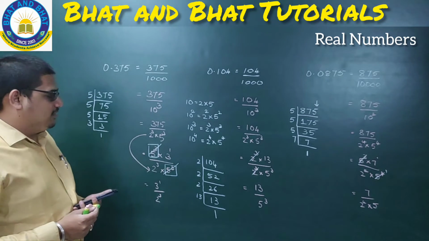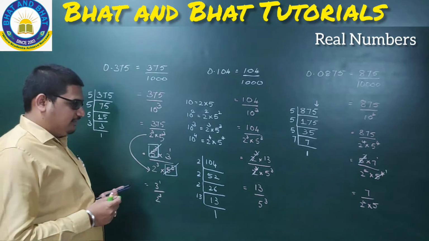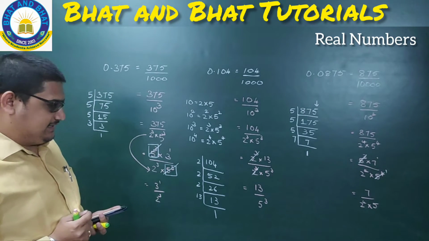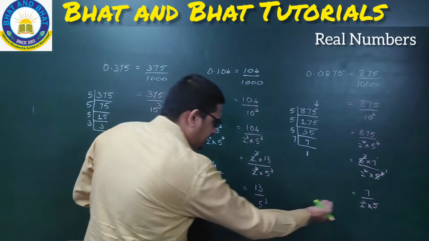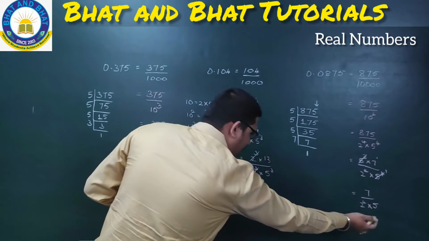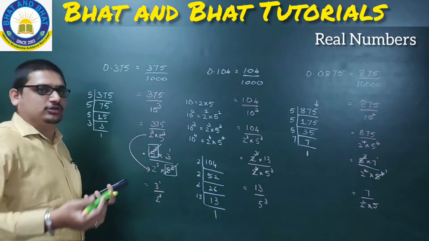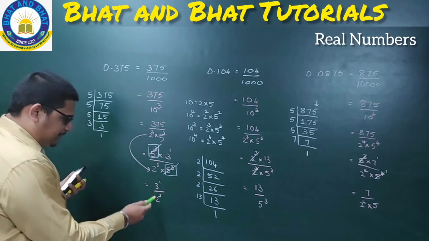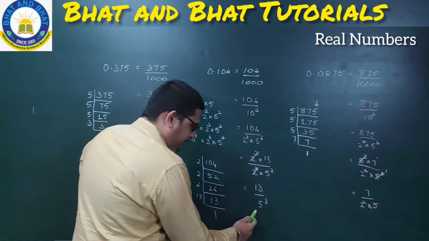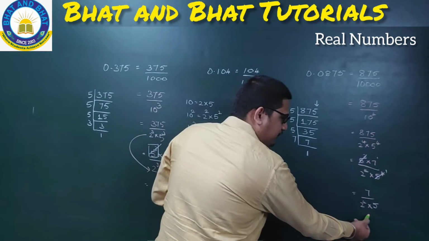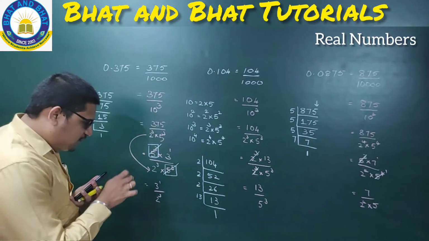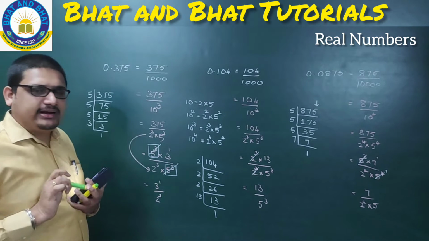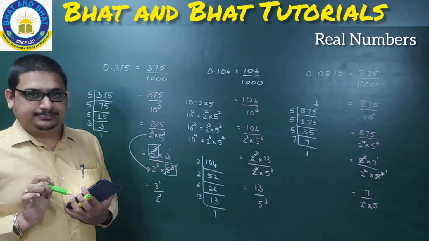So, we can say from denominator observation that the expression for the denominator is in terms of 2 or 5 or both. That is power of 2 or power of 5 or power of 2 and power of 5, both. So, we do not see any other prime factor in the denominator.